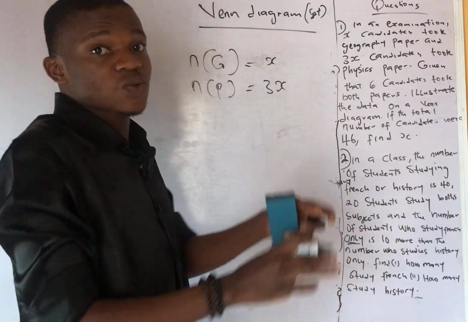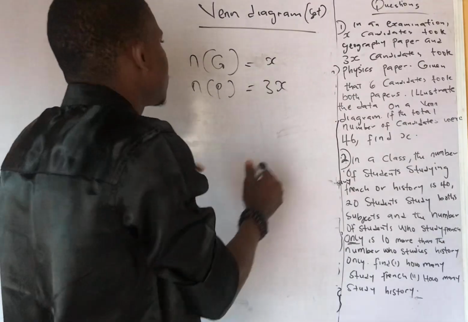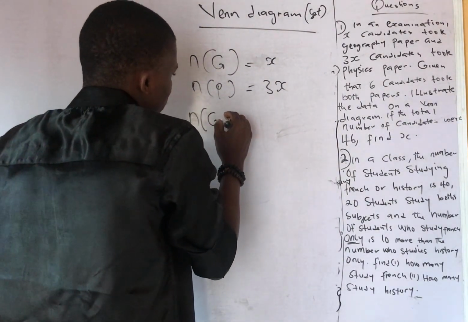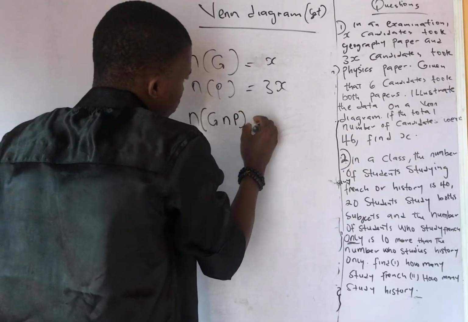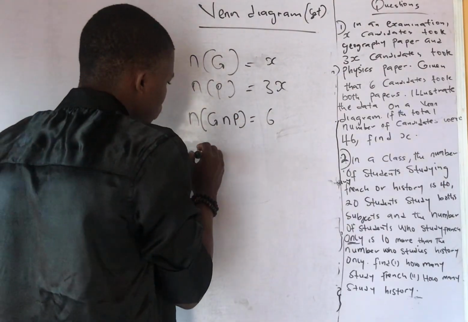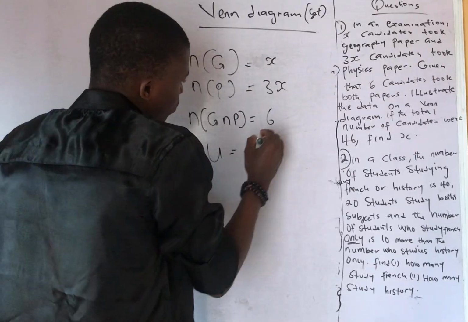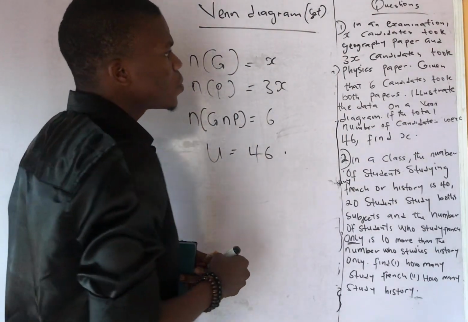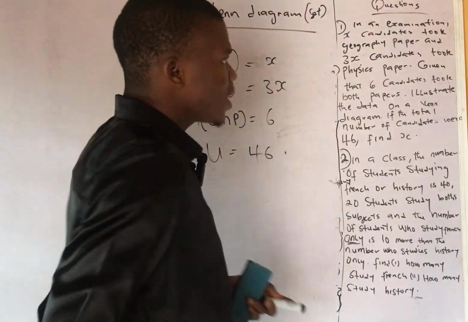Both is the same thing as intercept, that means everybody took it. That means the number of people that took both, G intercept P, is equal to 6. Then we have the union set, which is 46.